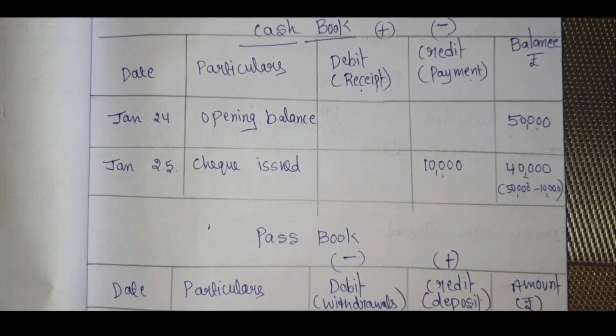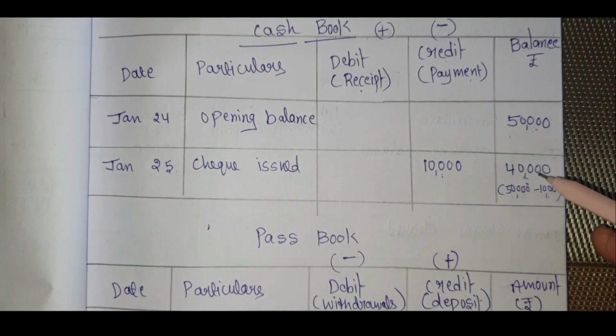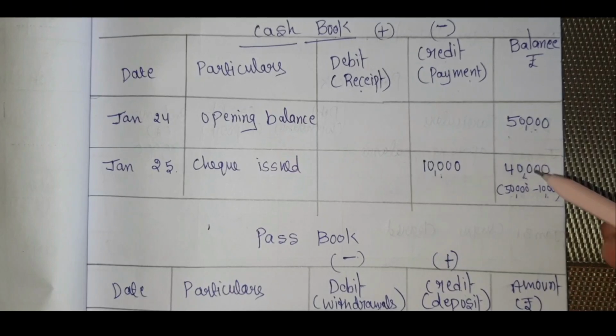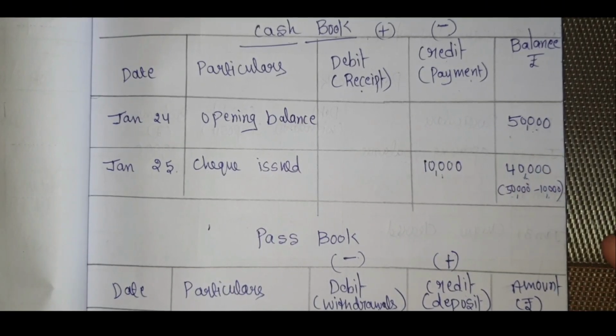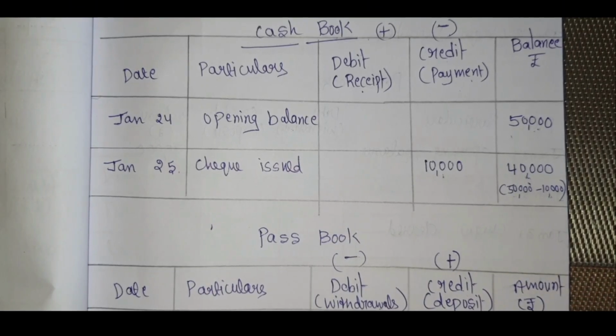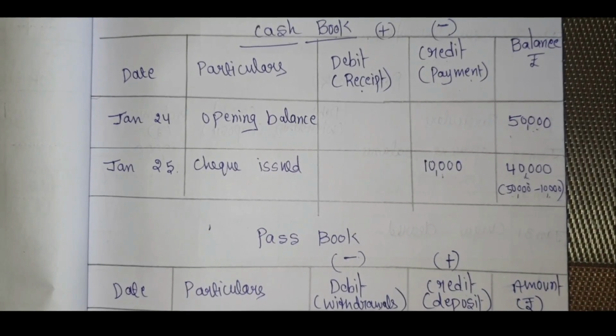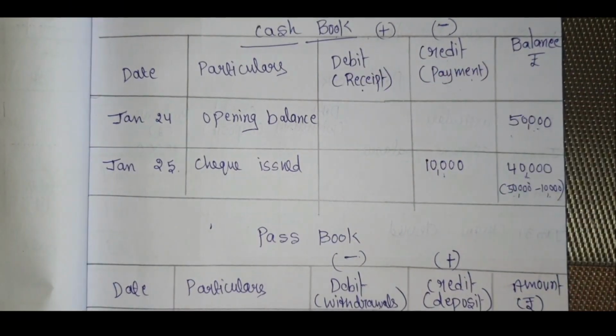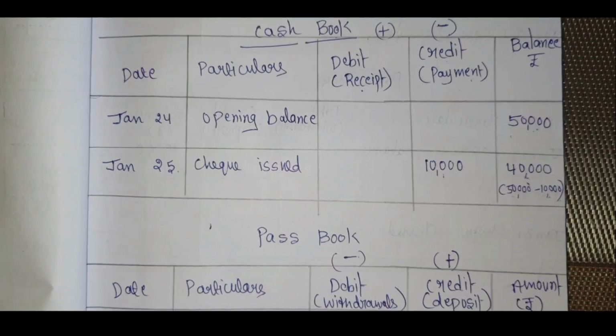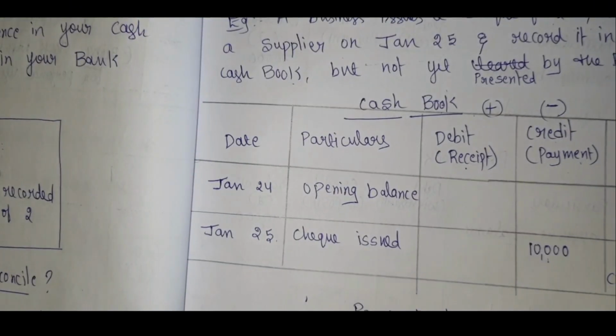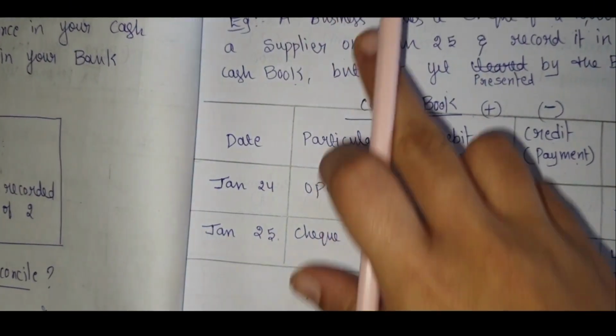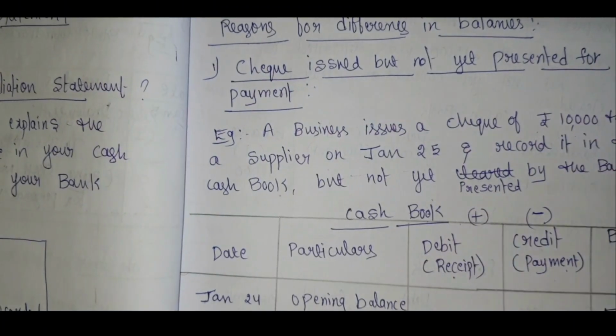It means the cash book balance is decreasing, that is rupees 40,000, and the passbook balance is rupees 50,000, so the cash book balance is less than the passbook balance. So rupees 10,000 is the difference between the cash book and passbook. Fine. So this is one reason, that is check issued but not yet presented for payment.